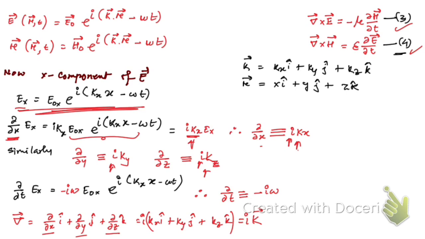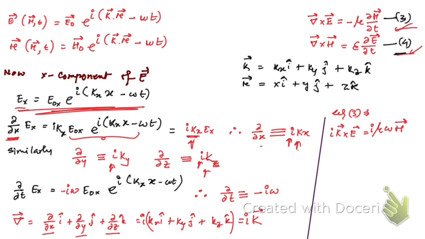Now you see equation number 3 and 4. If we replace this operator by i k vector, and if we replace this del t by minus i omega, then equation number 3 becomes of this form: i k cross vector e is equal to minus mu, then del t is minus i omega, so you can write directly plus mu i omega vector h.